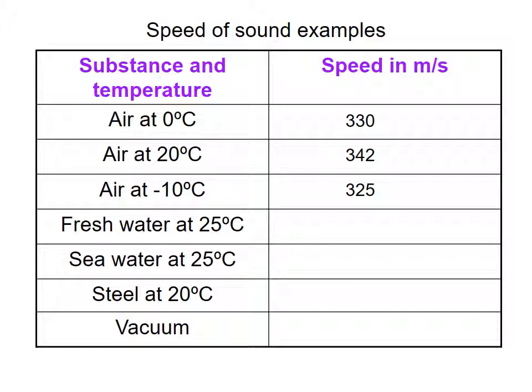Fresh water will be about 1,497, so you can see the speed is a lot higher in water than in air. Seawater, which is slightly more dense, will be 1,560. Steel, which is a lot denser, should be a larger number, and indeed it is: 5,000. And in a vacuum it's going to be 0, because obviously you need a medium.